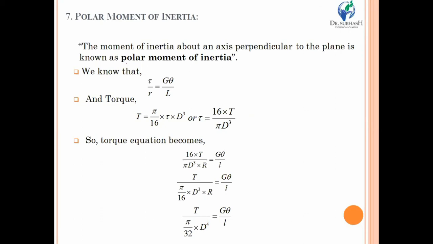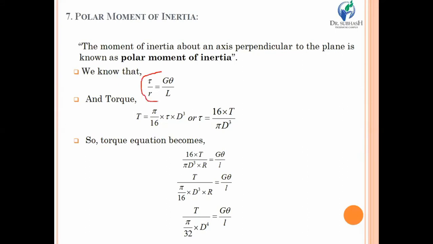Suppose you calculate a moment of inertia about axis z, it is known as the polar moment of inertia, because axis z is perpendicular to the plane of paper, and the plane of paper represents two axes, horizontal axis x and vertical axis y. So if you find a moment of inertia about an axis perpendicular to axes x and y, it will be known as the polar moment of inertia about the z axis.